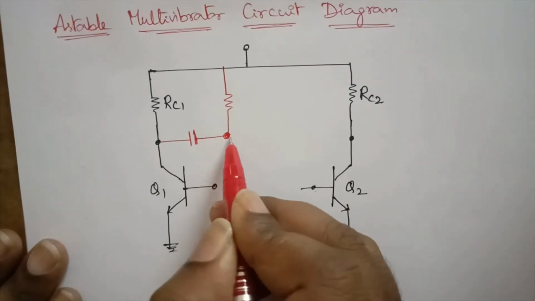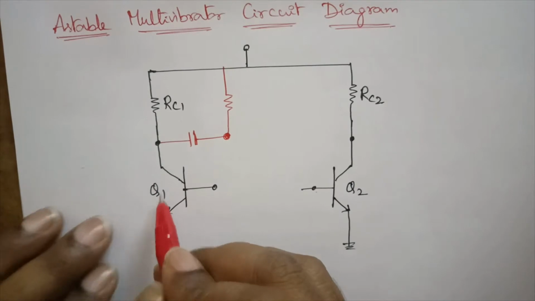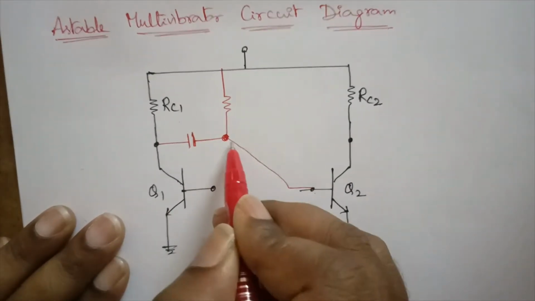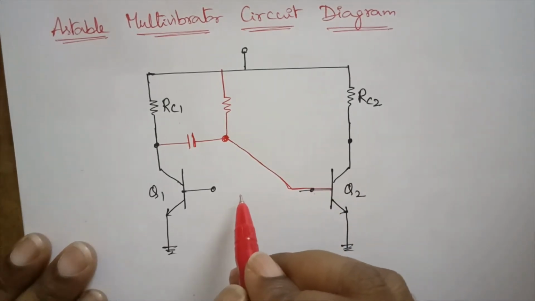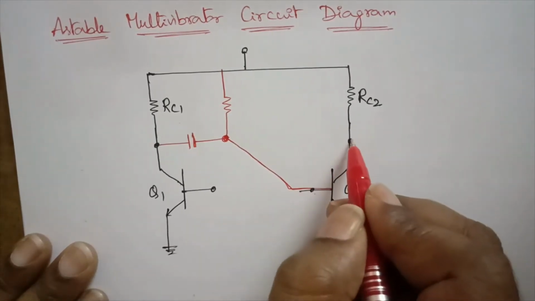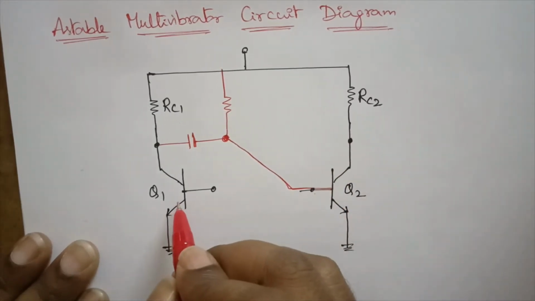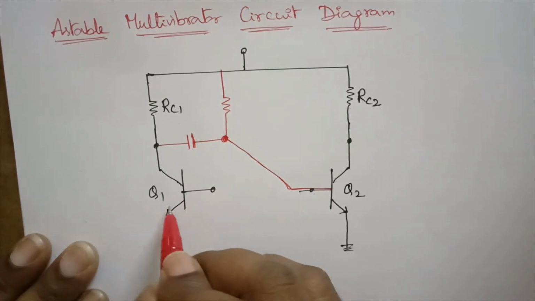This RC network is used for connecting the output of Q1 to the input of Q2. In the same way, I am using one more RC network for connecting the output of Q2 to the input of Q1, nothing but the base of Q1.